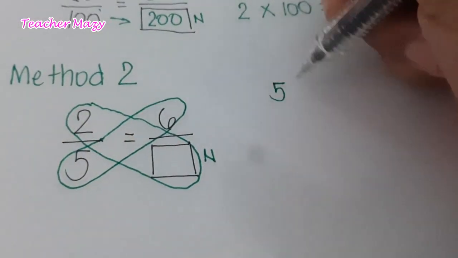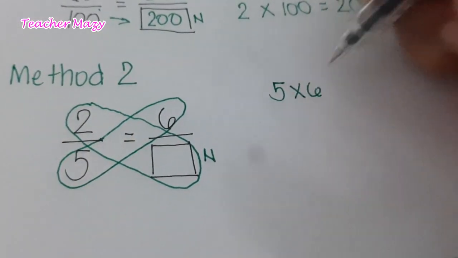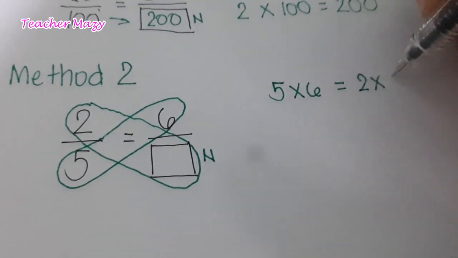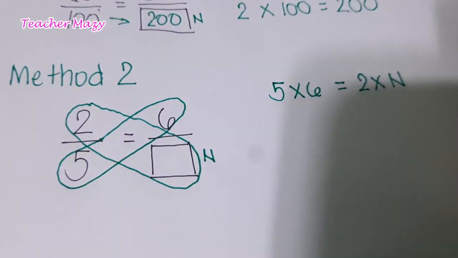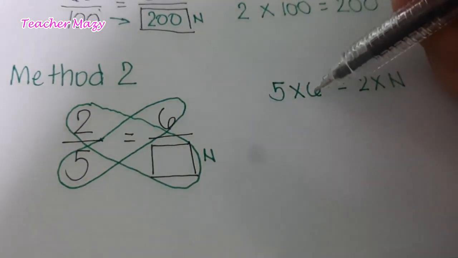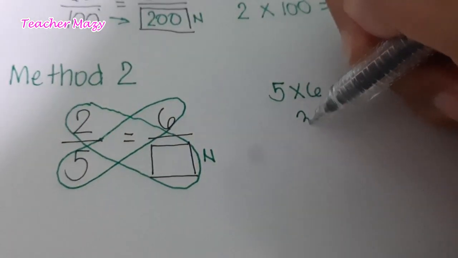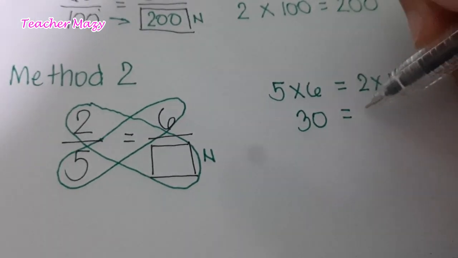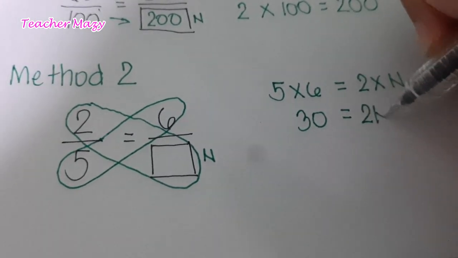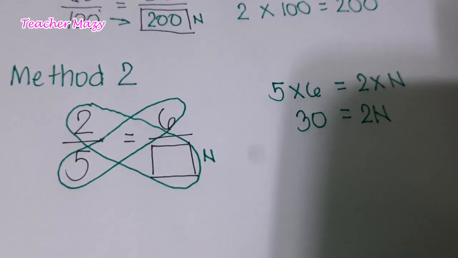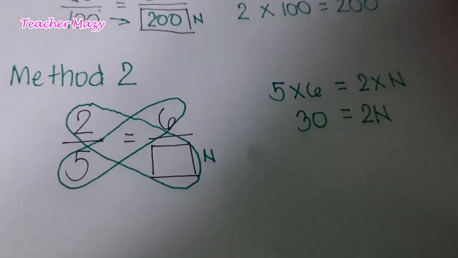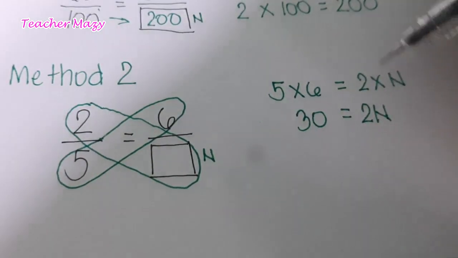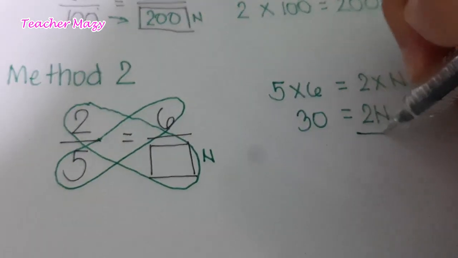So that means we have 5 times 6 is equal to 2 times n. 5 times 6 is equal to 30, equal to 2 times n, that is 2n. After multiplying, we need to divide by the number beside the n, our missing number, which is 2.